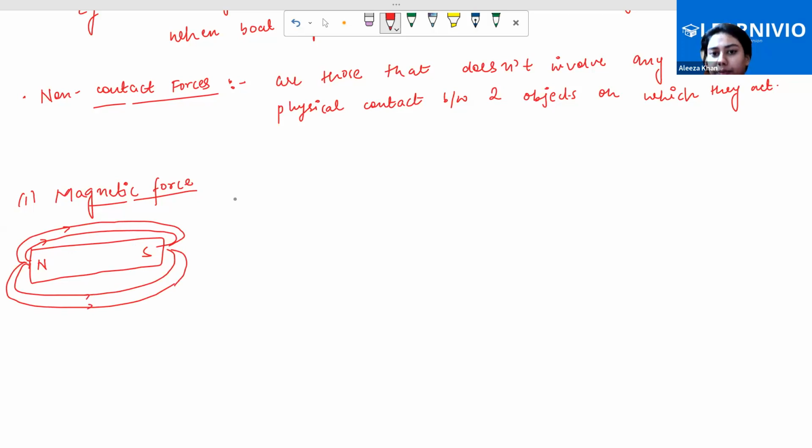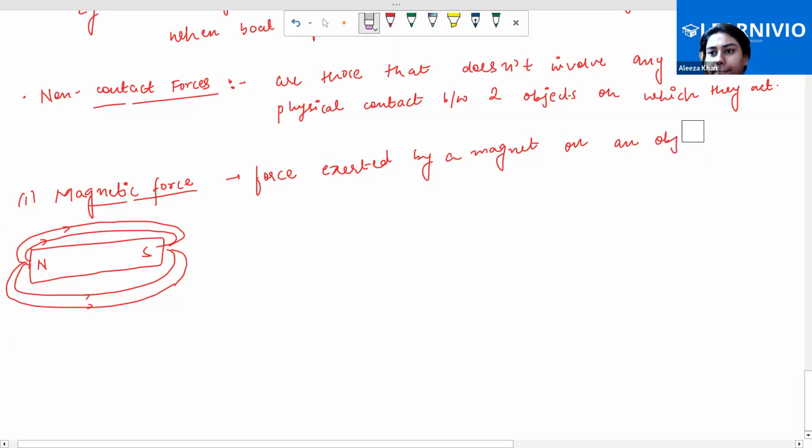So magnetic force is the force exerted by a magnet on an object, because it usually attracts the metals.